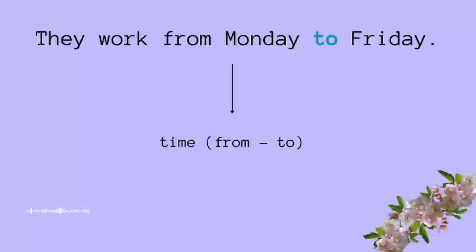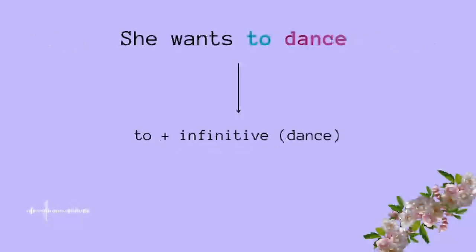Now let's look at another way of using to. You can use to with infinitive. As you see in here, she wants to dance. So we have to plus infinitive, which is the verb. The verb here is in a base form condition. Why?